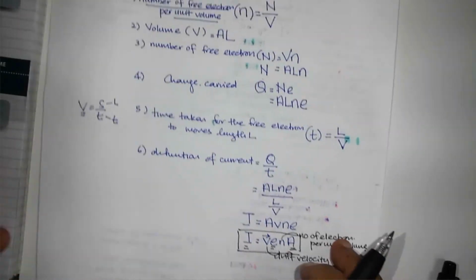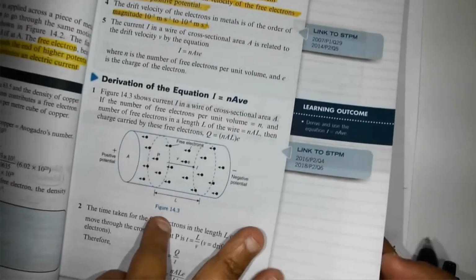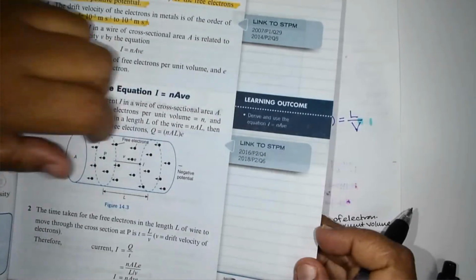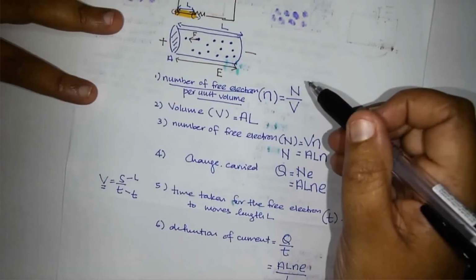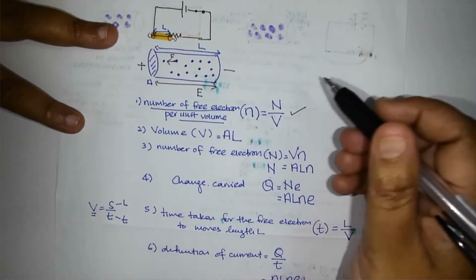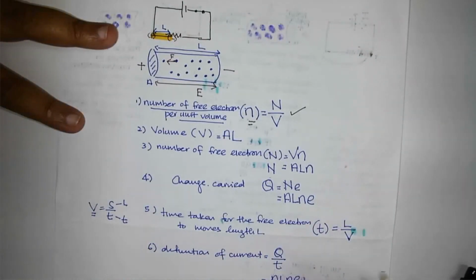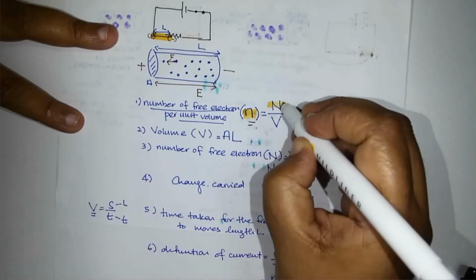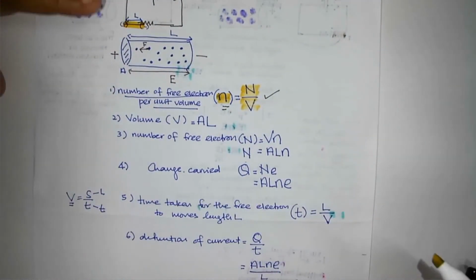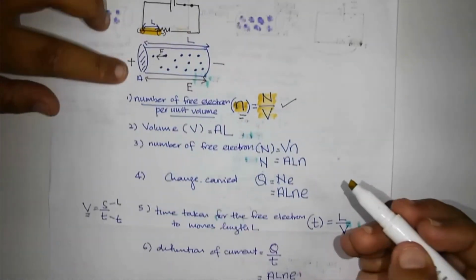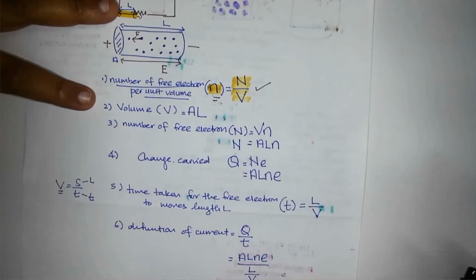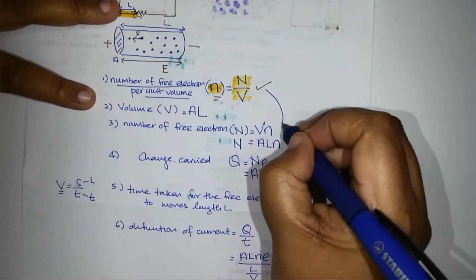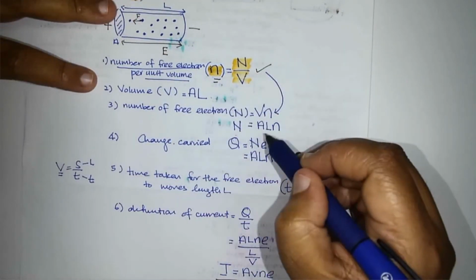Class, you need to derive and use the equation, so I've shown you step by step. First, you get the number of free electrons per unit volume, symbol small n, which is capital N over V. Volume is area times length. The number of free electrons comes from number 3, and then you substitute number 2 inside.